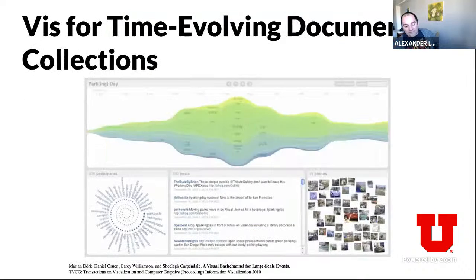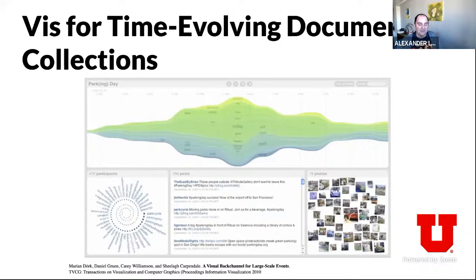And then you also can look at these text corpora over time, especially in, let's say, social media analysis. This is an example of a Twitter visualization for a specific event. And so you could say, what are the topics that are emerging and increasing and ebbing over time? And that's what you see here at the top for a particular event.